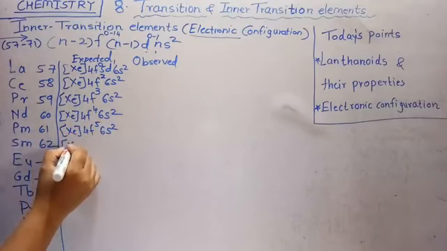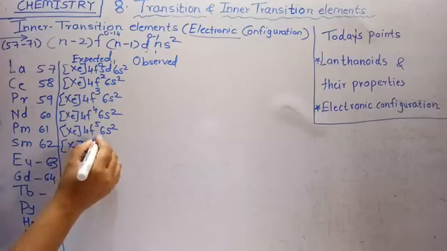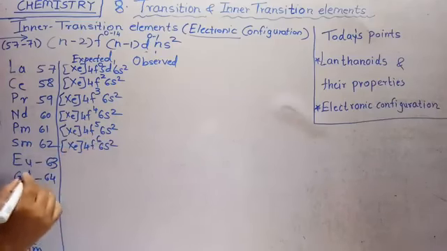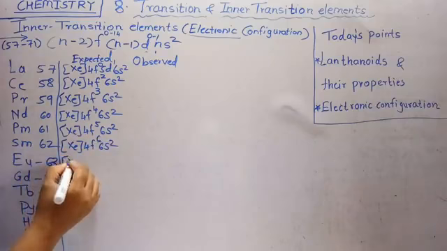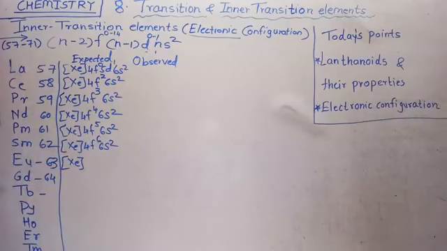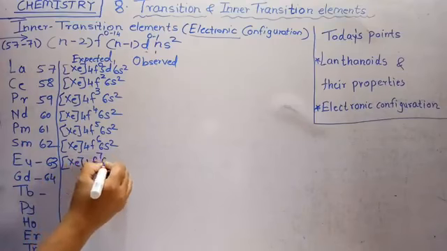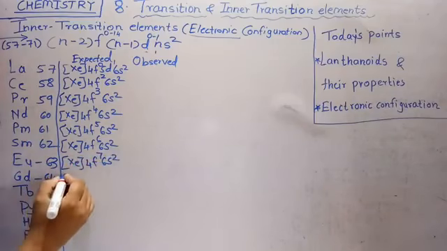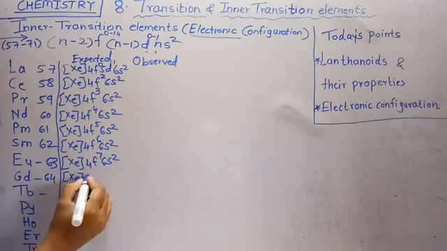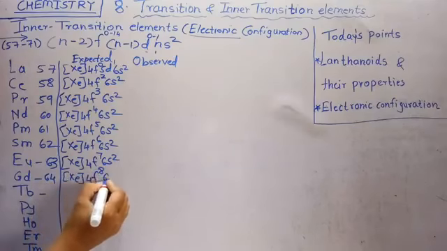Then samarium, xenon 4f6, 6s2. Then europium, xenon 4f7, 6s2. Then gadolinium, xenon 4f8, 6s2.